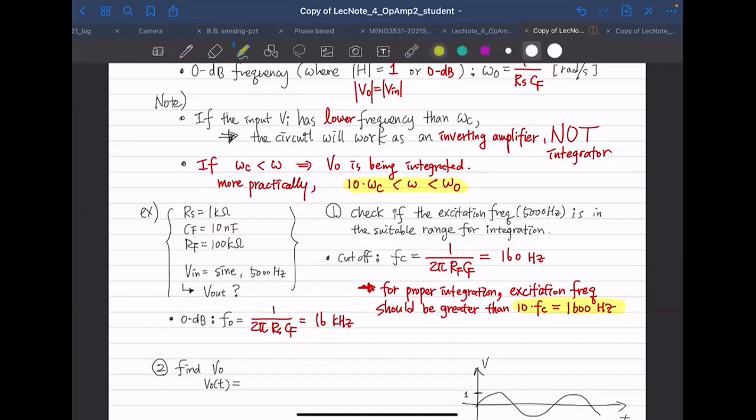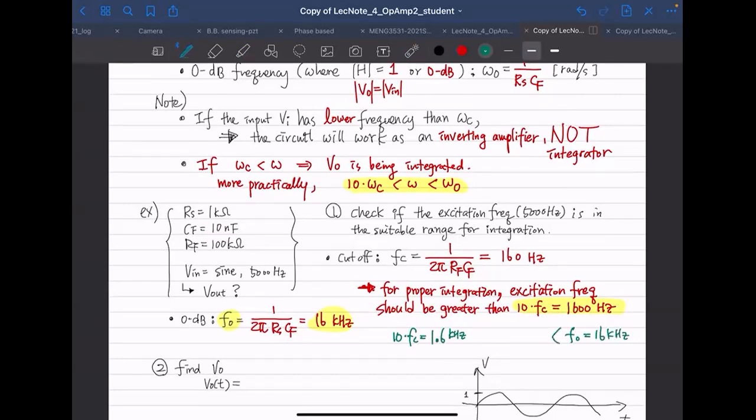So by combining these two, 10 times Fc and F naught, what we can tell is 10 times Fc was 1.6 kilohertz, right? And F naught was 16 kilohertz.